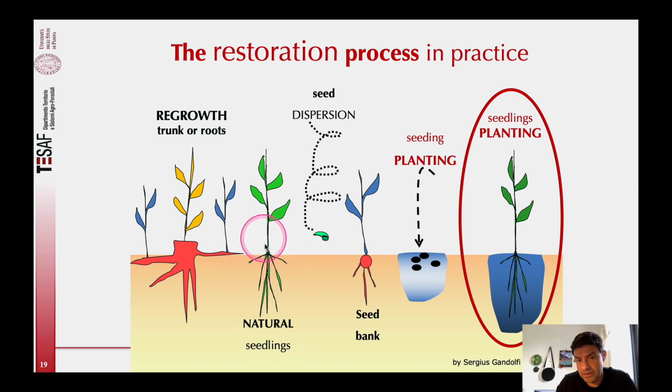We can also count on the natural seedling bank and the regrowth of trunks and roots. So based on those different processes, we can define a cheaper and more efficient strategy to restore a specific site. So it's just to bring some ideas about how we can define the actions to implement a restoration process.